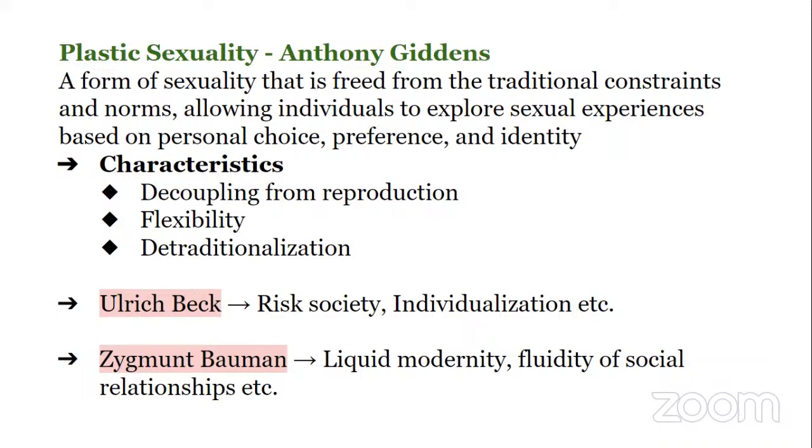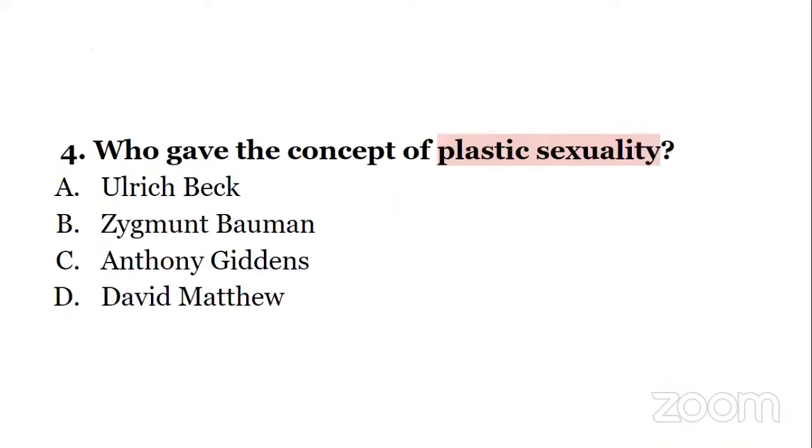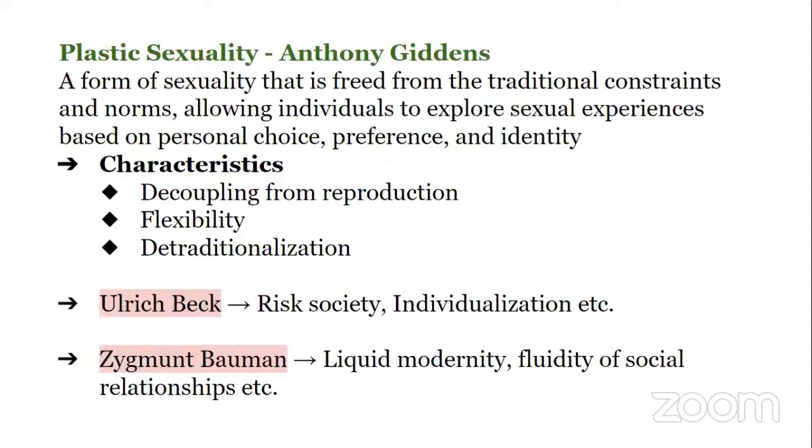Then it is flexible. People can follow their own choices, preferences, and interests. And de-traditionalization: it is the opposite of the traditional norms of sexuality. If you look at the other options, Ulrich Beck's major concepts are risk society and individualization.